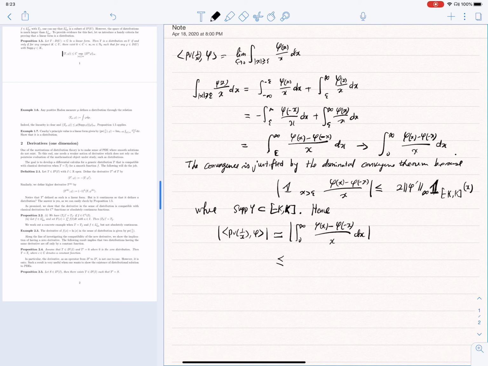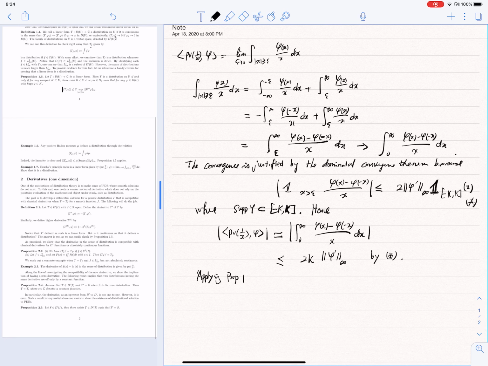And this is bounded by, according to our inequality star, 2k times the uniform norm of phi prime. And by applying proposition 1.5, this ends the proof. We have shown that this defines a distribution.